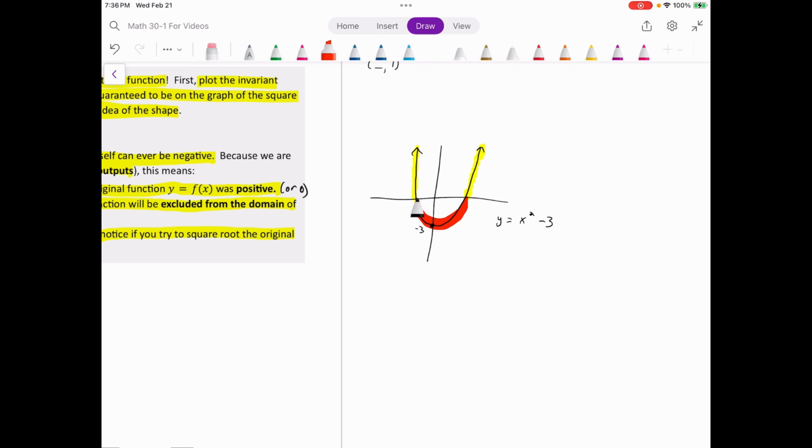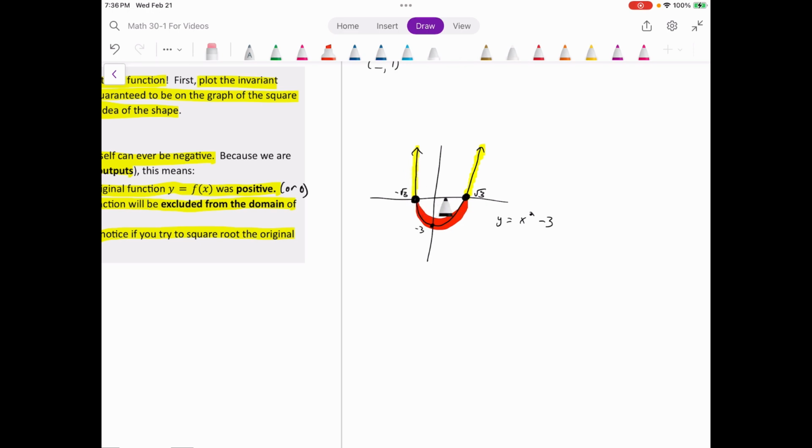So the domain of the square root of this function, I should have picked an easier number to go with, but this happens to be root 3, and this happens to be negative root 3. Those would be the x-intercepts. The domain of the original function is all real numbers. But the domain of the square root of this function is not going to be all real numbers.